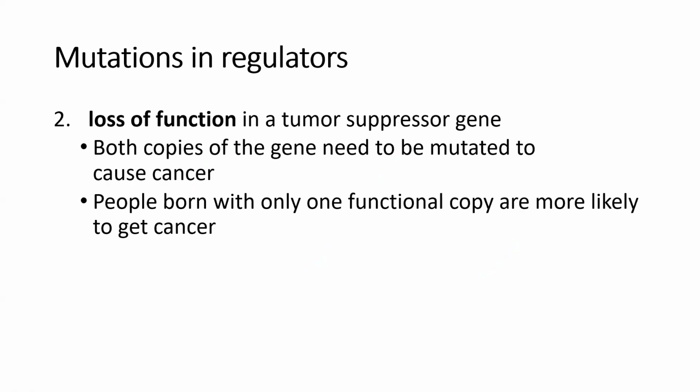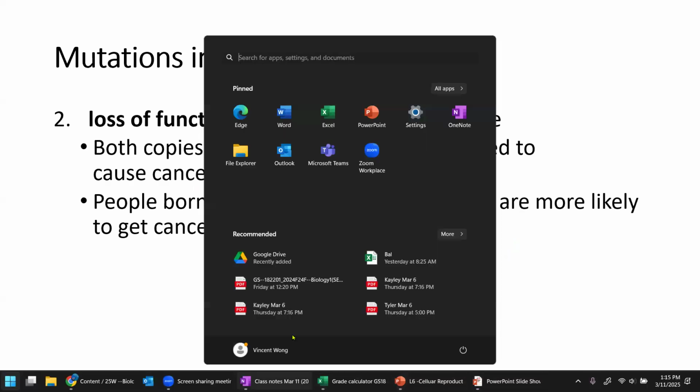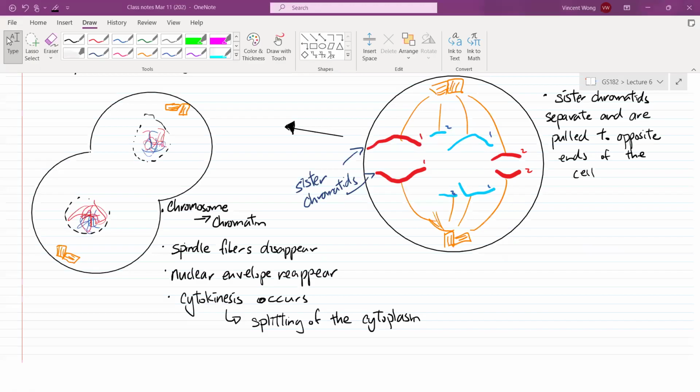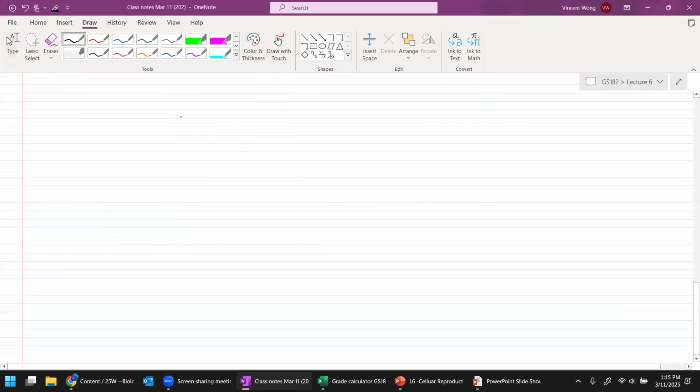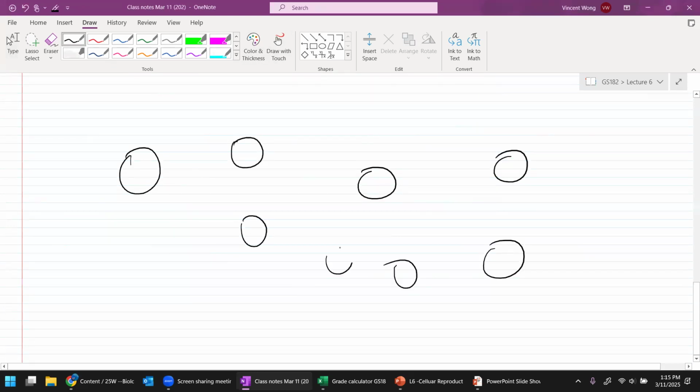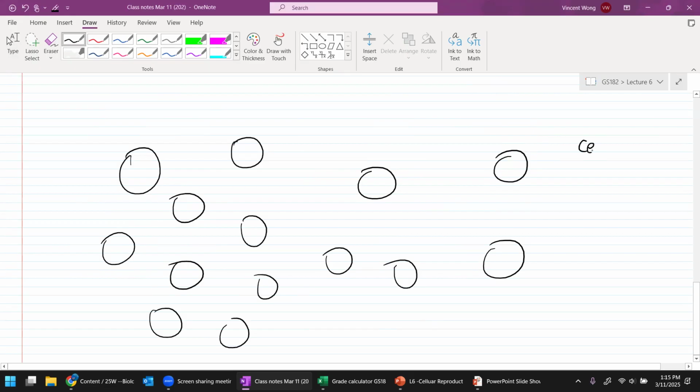Why is that? So let's try to draw it out and see if it makes any sense to you. I'm going to have a bunch of cells here. We have trillions of cells. Now, I need you to think about this carefully. Each cell is going to have two copies of these genes, two copies of the red light once again.